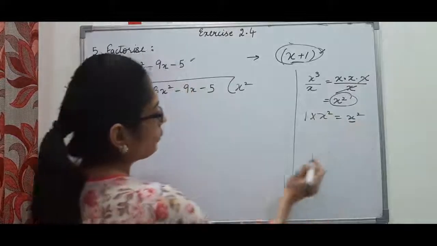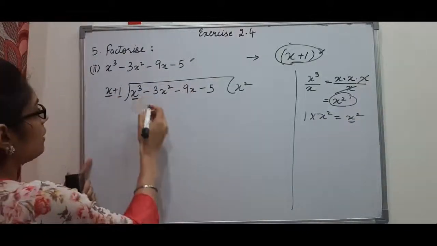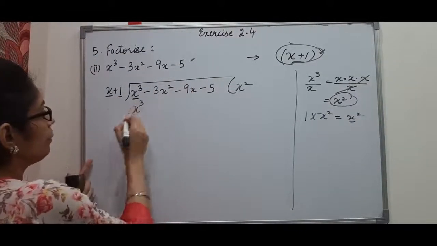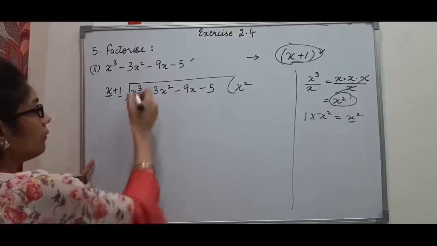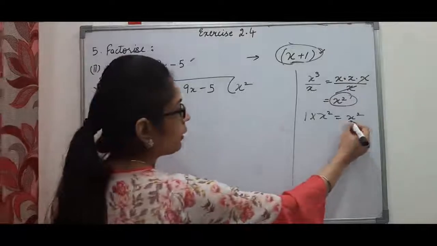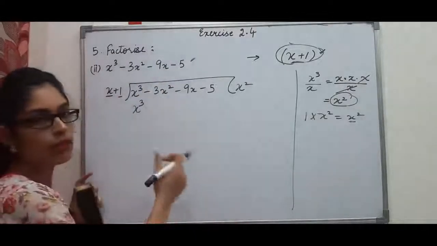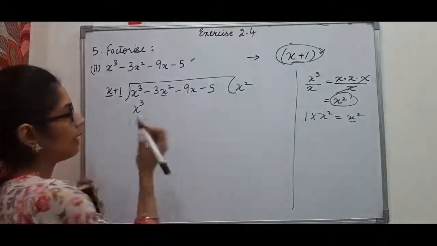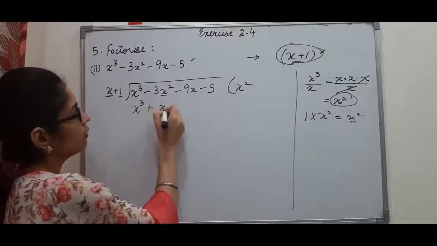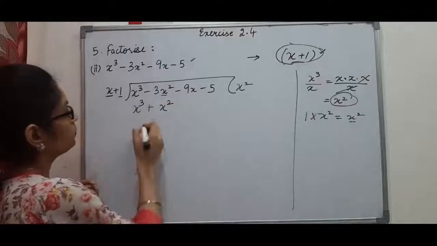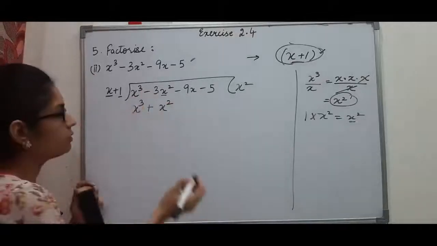So this x square, first of all I'll write the first term the same, whichever my first term is, here I'll write the same. Then this x square, I have to see which term has the same variable. So my second term has the same variable, x square. So I will write it below this term. Now I have to change the signs.